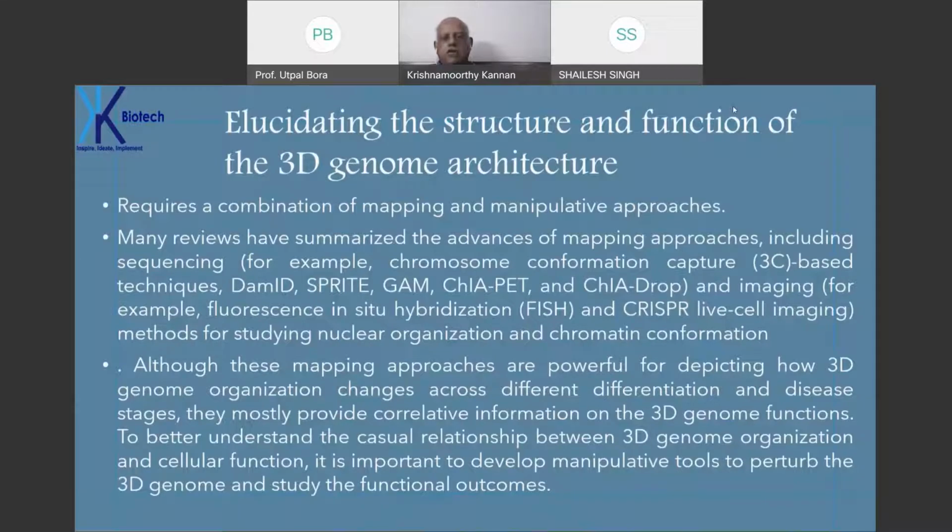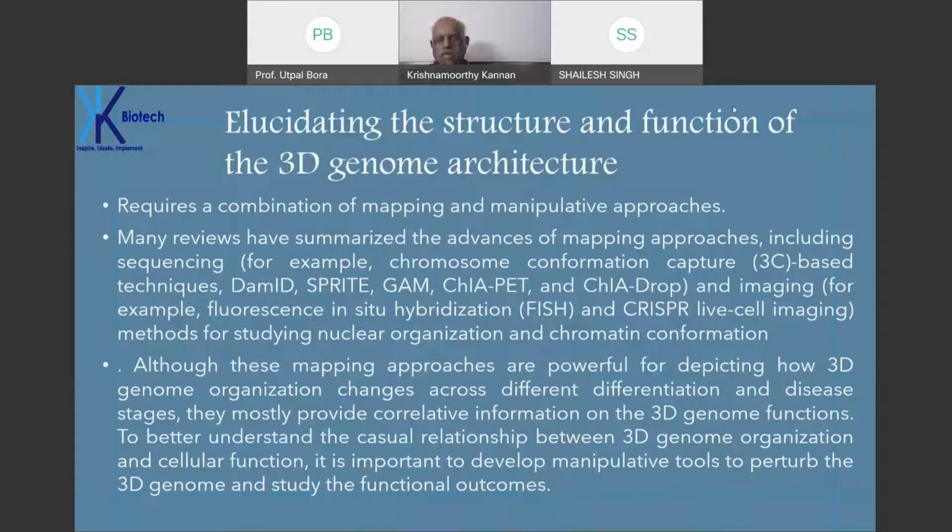Then you have chromatin immunoprecipitation, and a whole lot of variations of that, such as ChIA-PET. Then with nanofluidics coming, there is the Drop method. So a whole lot of techniques have been given. I'm sure many of your speakers are going to speak on the details of these.